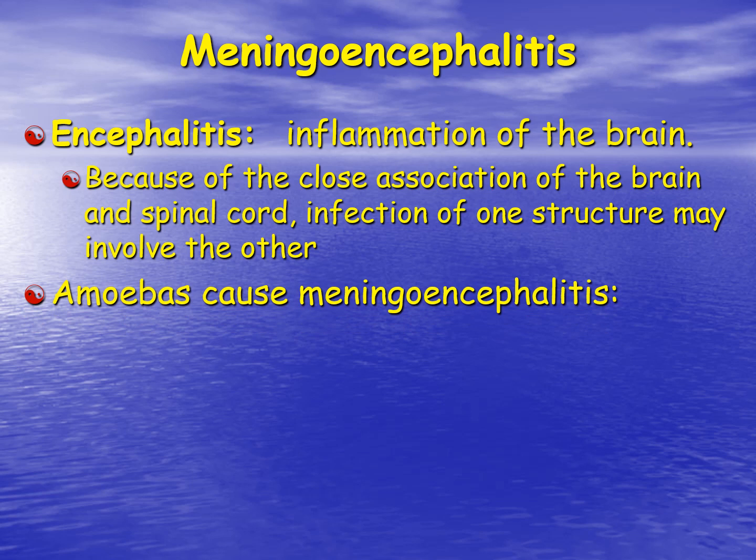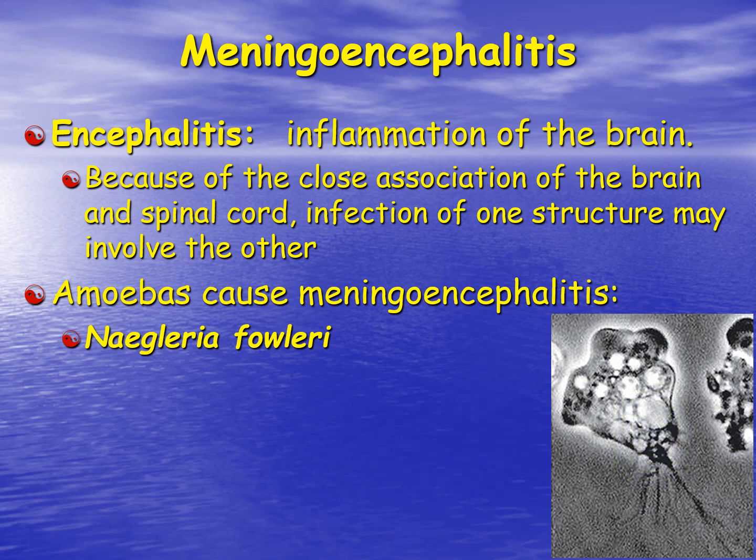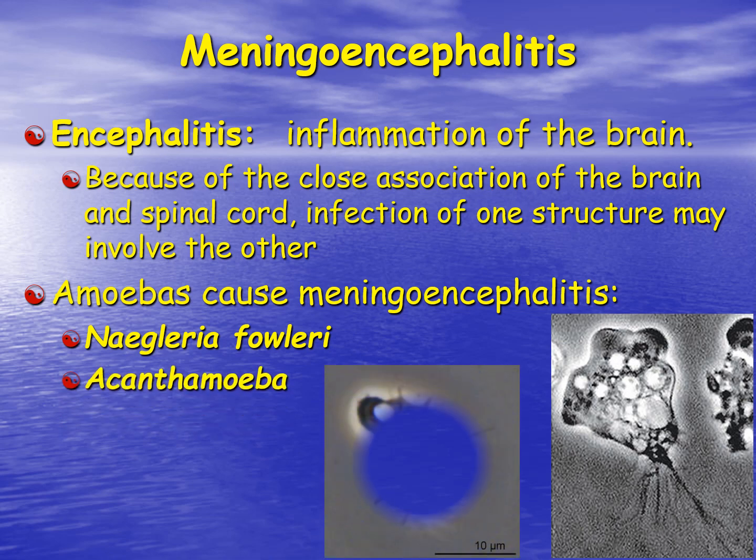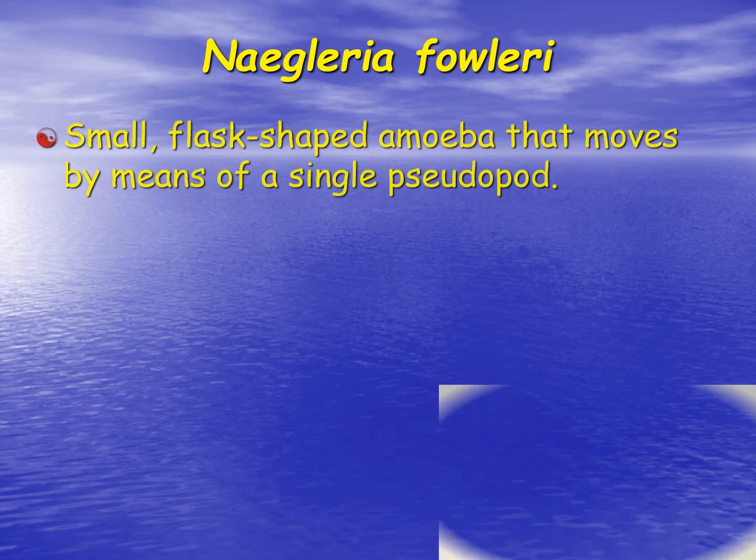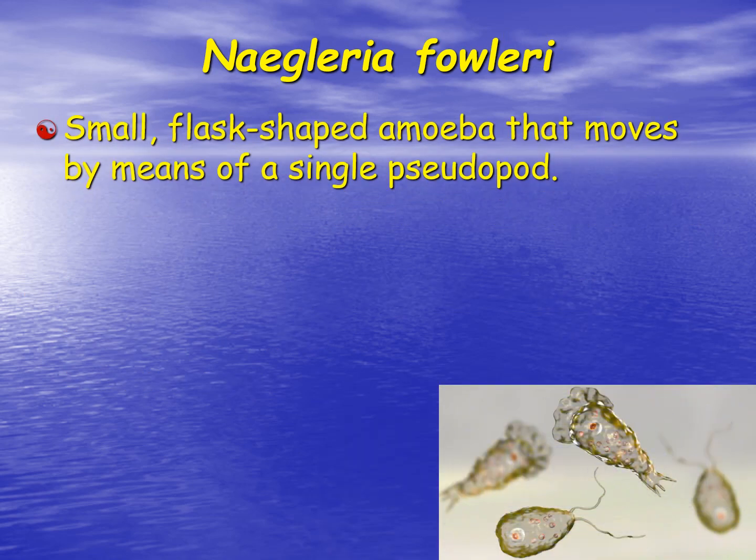Amoebas can actually cause meningoencephalitis, and we've already mentioned Naegleria fowleri as the brain-eating amoeba and its cousin Acanthamoeba, both of these found in fresh water. Naegleria fowleri are usually small, kind of flask-shaped amoeba that moves by a single pseudopod.